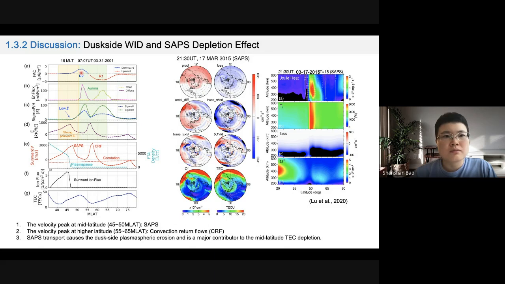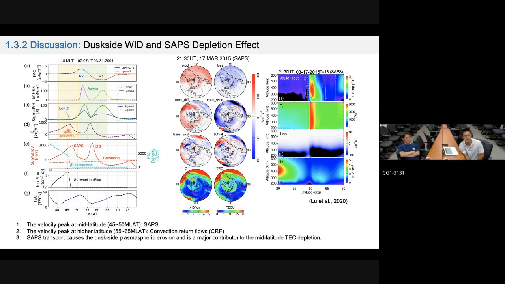So the region 2 current must close in some way that may not go directly to region 1, but maybe to the southern hemisphere, I guess, or in some other way.